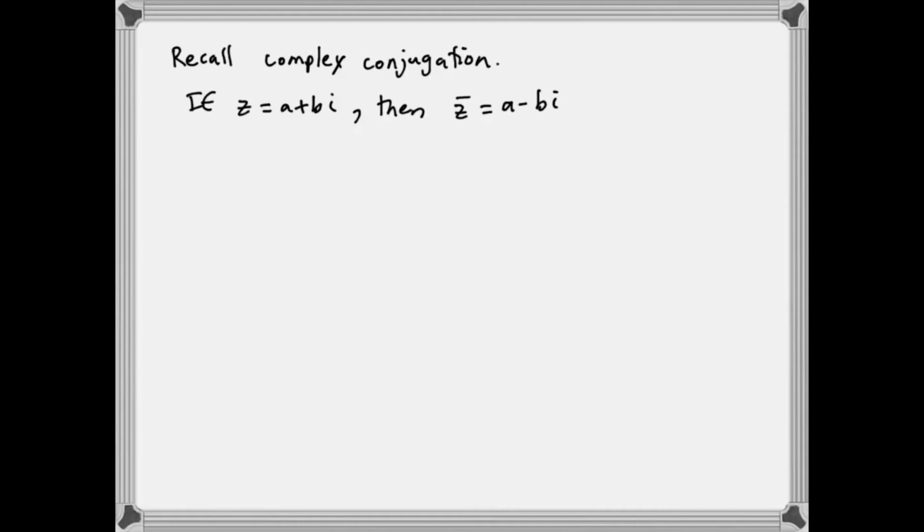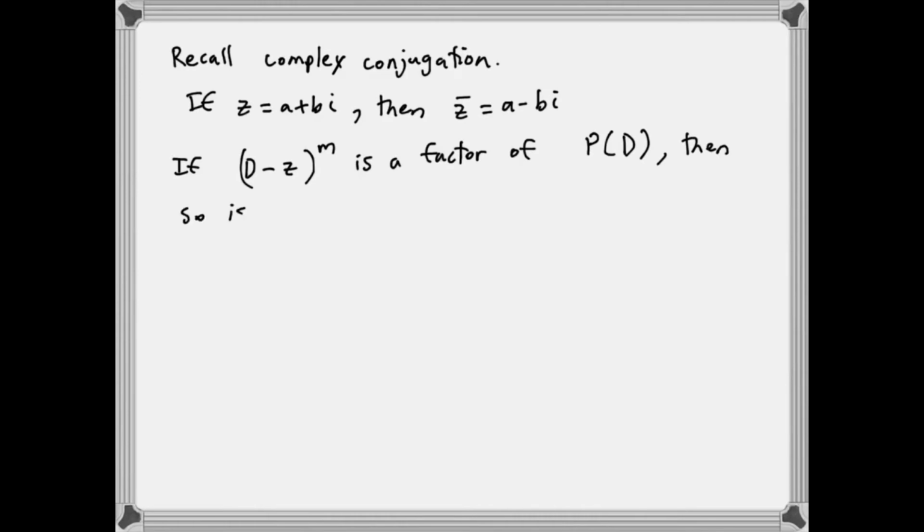So it turns out that if d minus z to the mth power is a factor of p of d, then so is d minus z bar to the mth power.